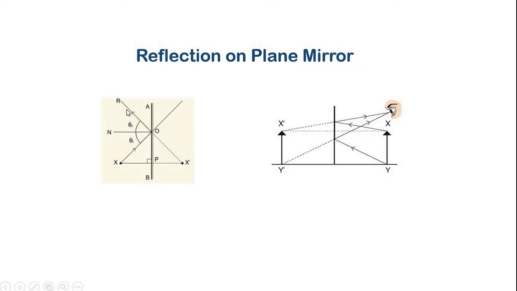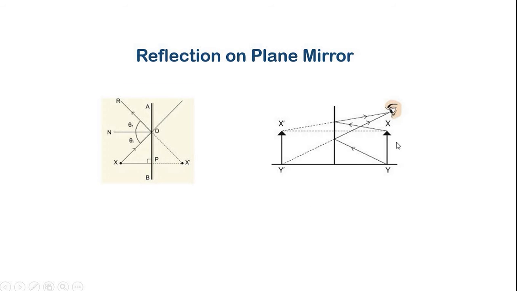Another ray from X falls on the mirror at the point P at a 90-degree angle. If we extend these rays behind the mirror, they will seem to converge to a point X prime. This point is the image of X.